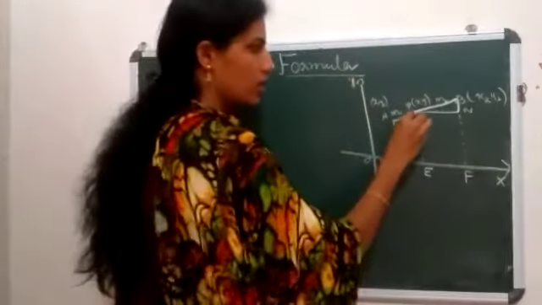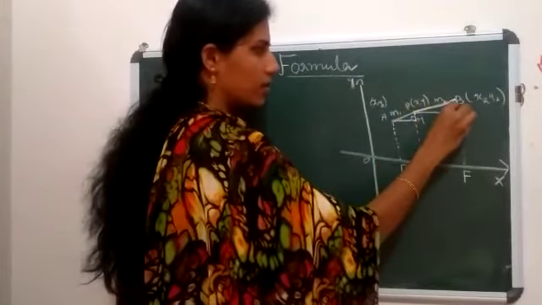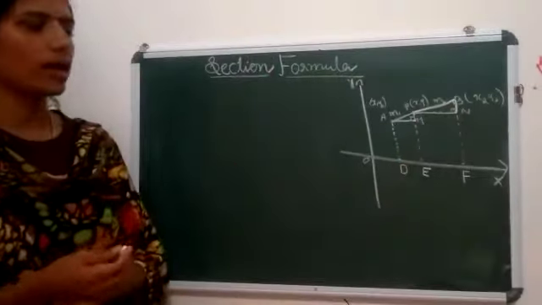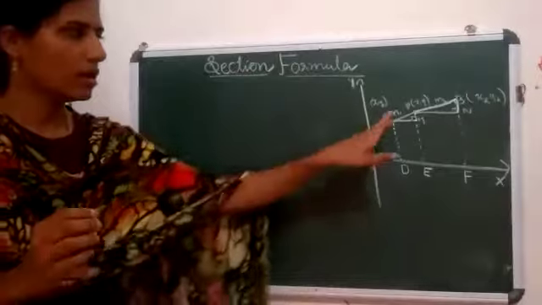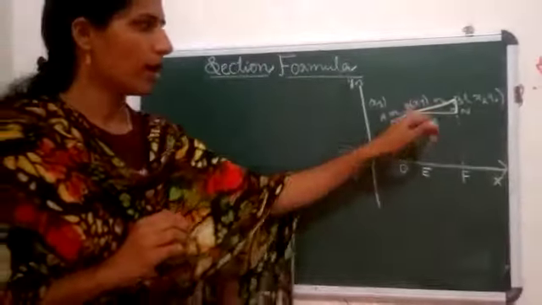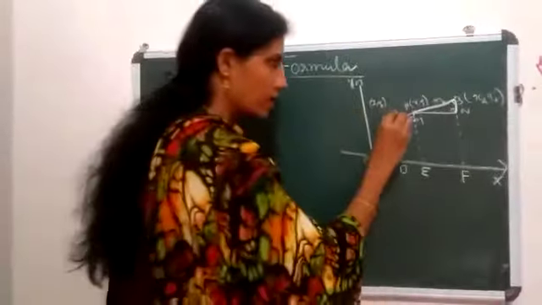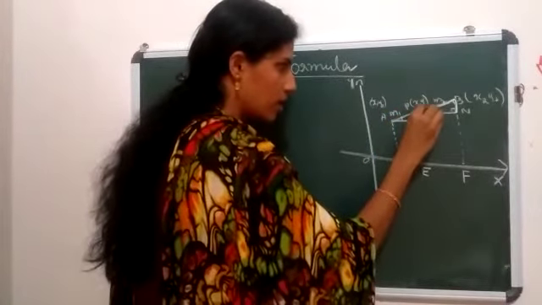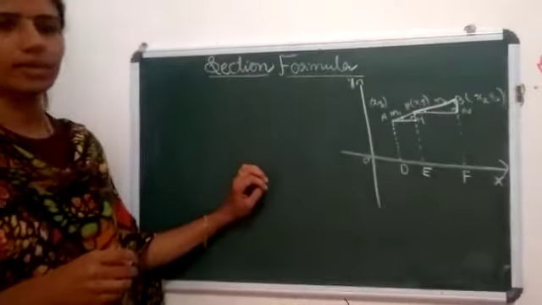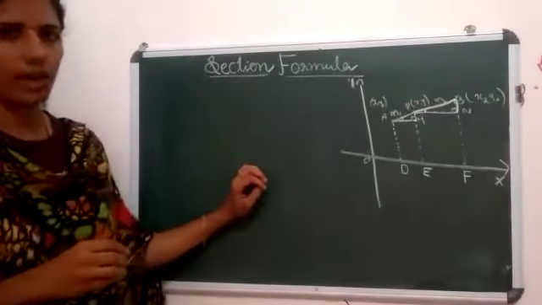Now see this angle. In both the triangles, I am going to say that these 2 angles are same. This is right angle, right? So these 2 angles are same, this 2 angle and this 2 angle are same because they are the corresponding angles.